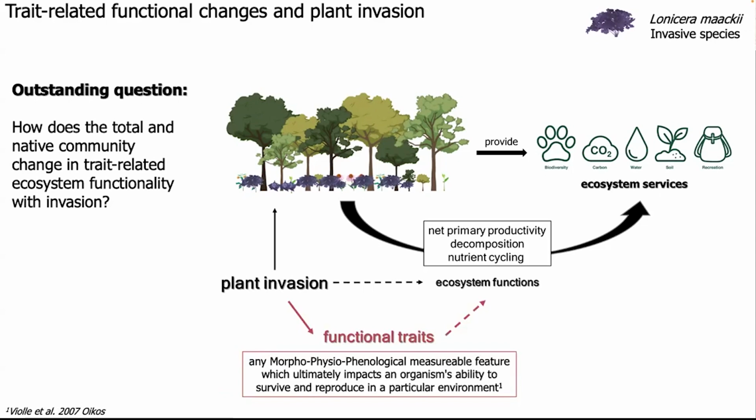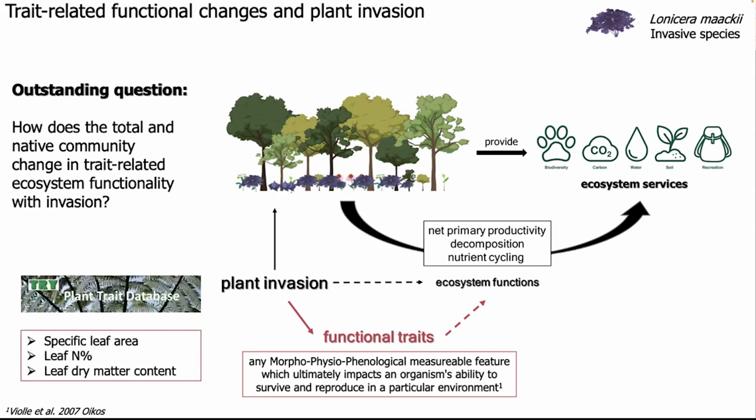And the way that I investigated this is really making the link between plant invasion and, through functional traits, inferring ecosystem functions. There's a lot of literature linking functional traits to provision of ecosystem functions. So I investigated plant invasion and those functional traits.